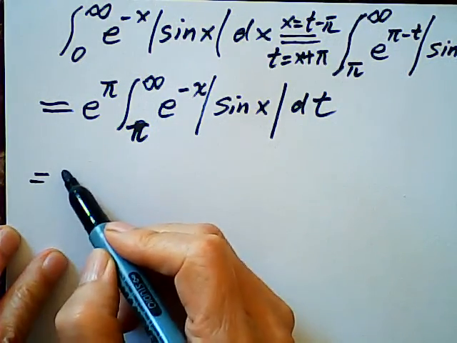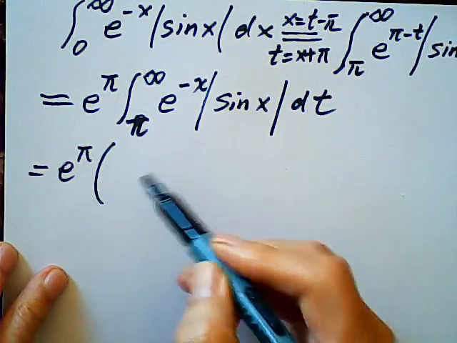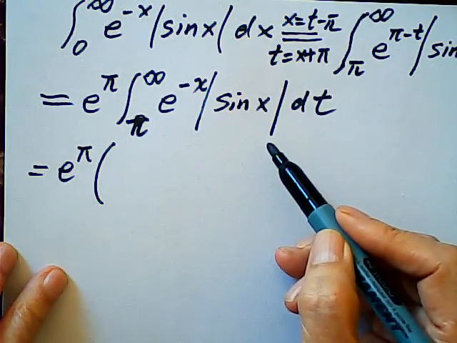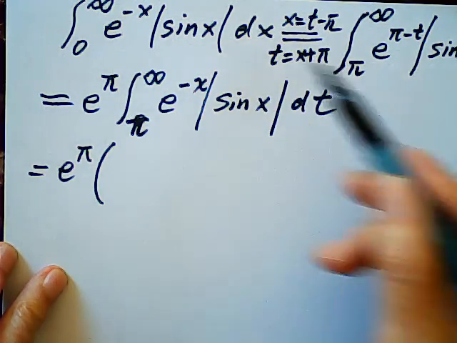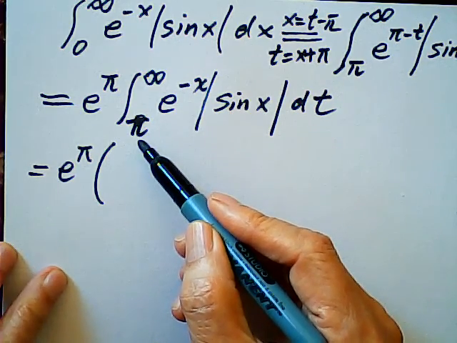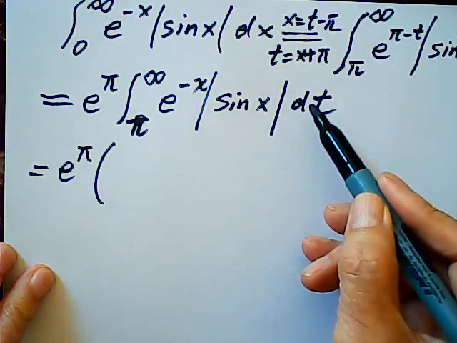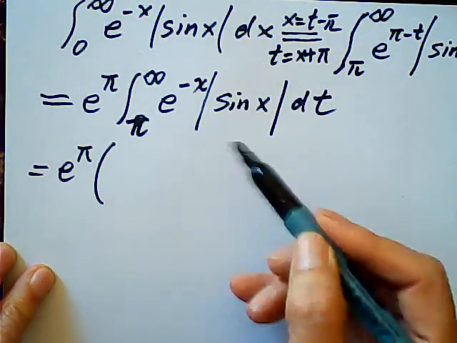Now this one is equal to e to the pi times this integral. Compared to the given integral, you're missing one section, right? In other words, this one is the full integral minus one section.